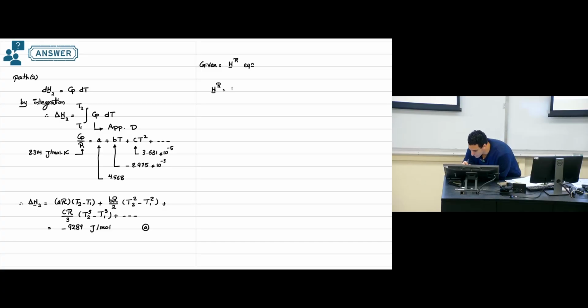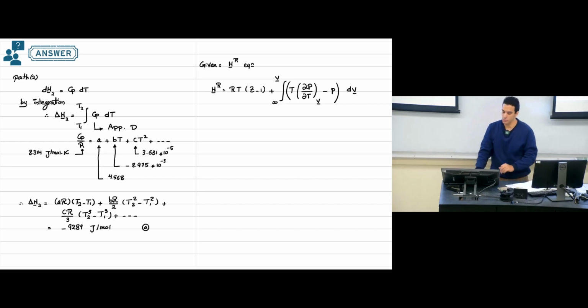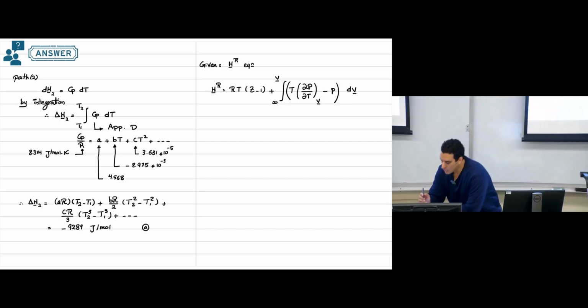This is RT (Z minus 1) plus integration from infinity to molar volume of (dP by dT at constant volume minus P) dV. So this is the residual property. This equation will be given.